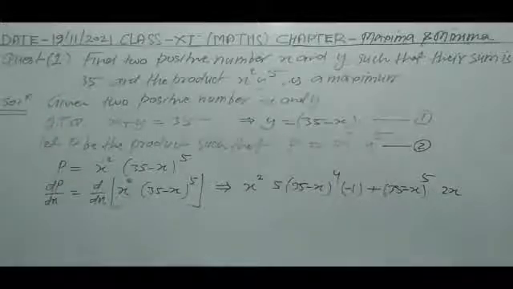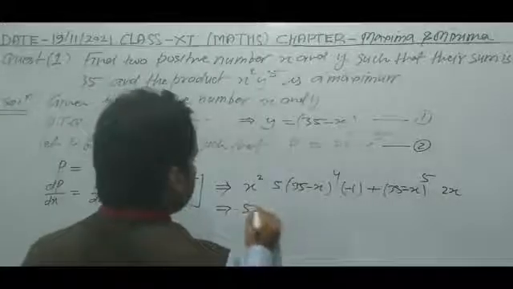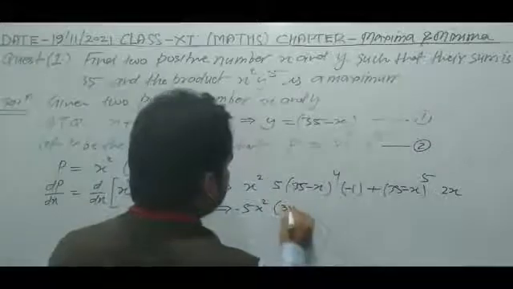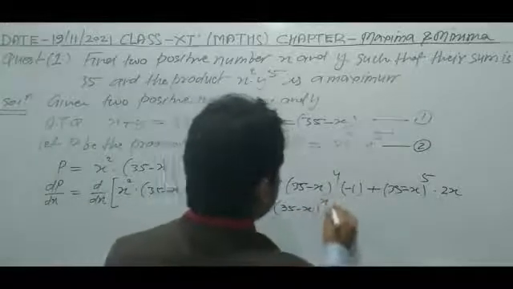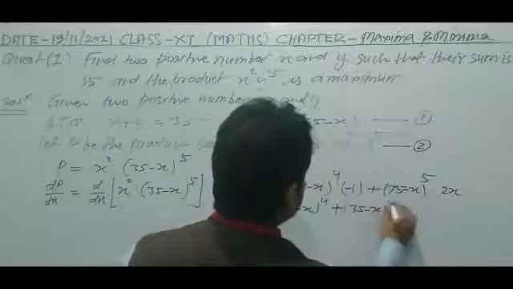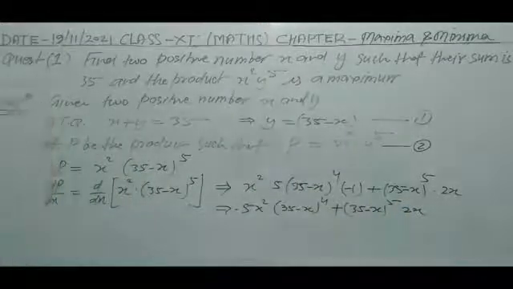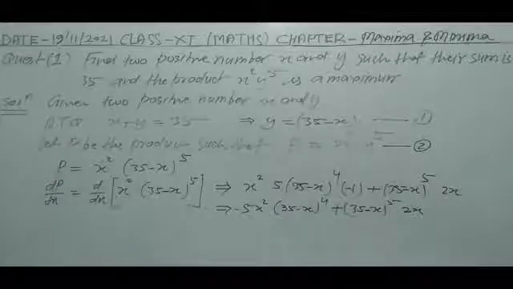Now see what will be the result. The result will be minus 5x square (35 minus x) power 4 plus (35 minus x) power 5 into 2x.